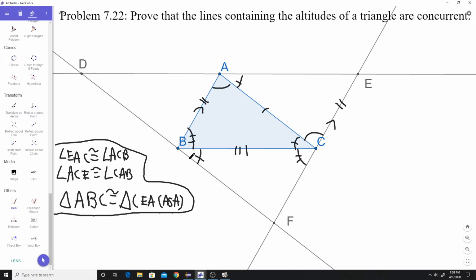So again, I can show that triangle ABC is congruent to triangle FCB. Well, that means this angle is the one tick mark, so FCB. Again, angle-side-angle.